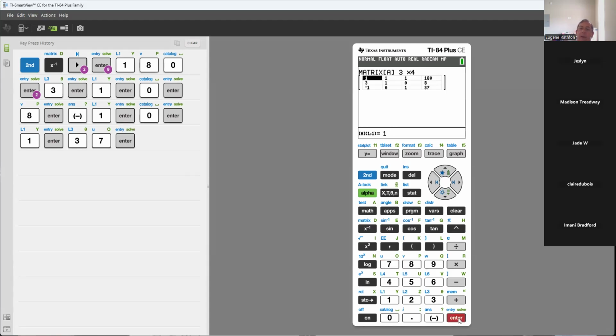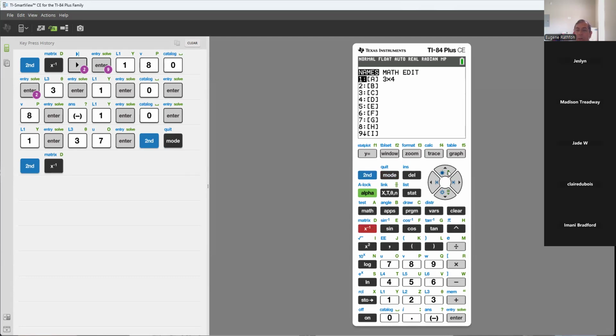And enter. All right, y'all, so all my numbers in, I would hit second mode to quit. Second, x negative 1, go to math, and then arrow down to RREF. Enter, and then go get that matrix. Second, x negative 1, and enter.